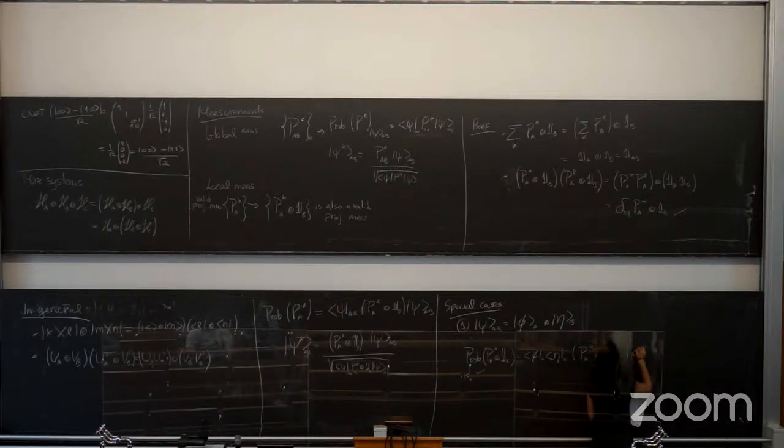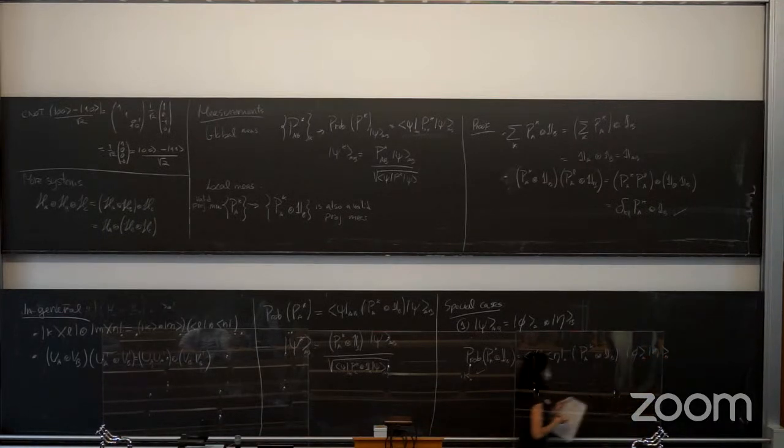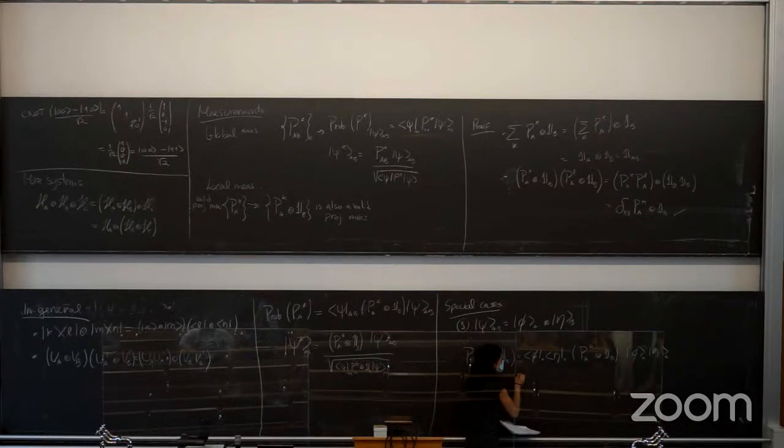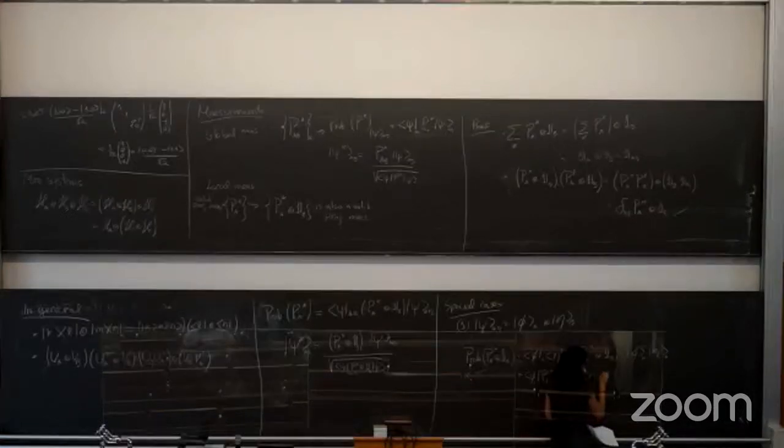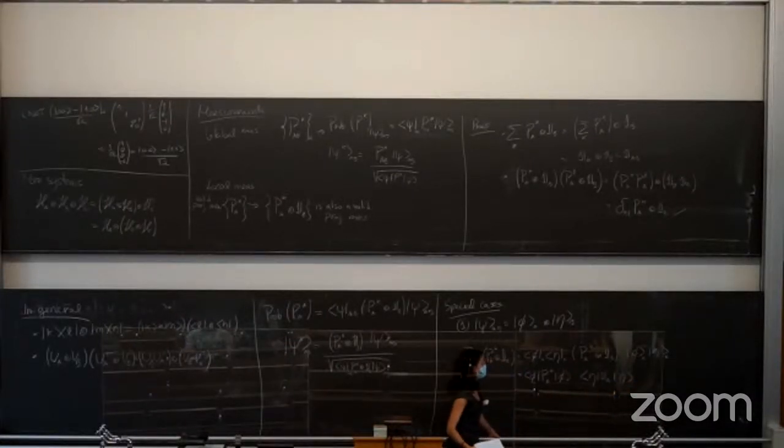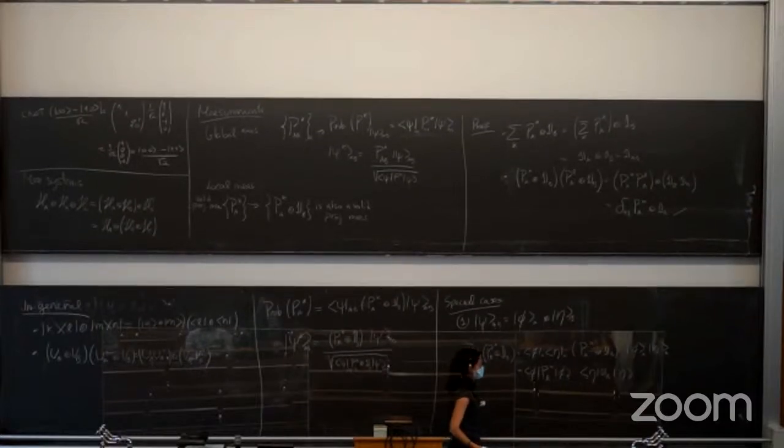Again, things on the left act on the left, things on the right act on the right. If there was some superposition we would put the sum back in, but it's going to be just this. This is a number, and this is another number. What is this number?